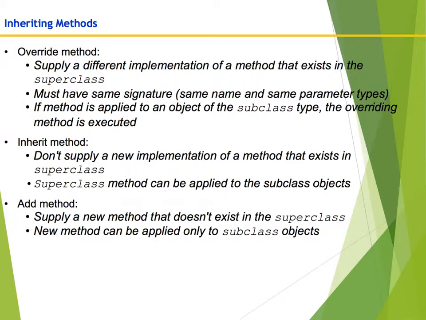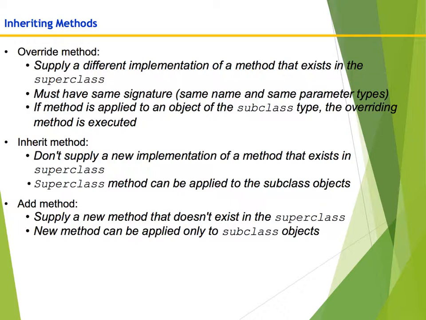When a class inherits a method from its superclass, it can supply a different implementation of the method that exists in the superclass. We say that the subclass overrides the method of the superclass. When a class overrides a method, it must have the same signature, which means that you have to keep the name the same as the superclass, and you have to keep the same parameter types as are defined in the superclass method.